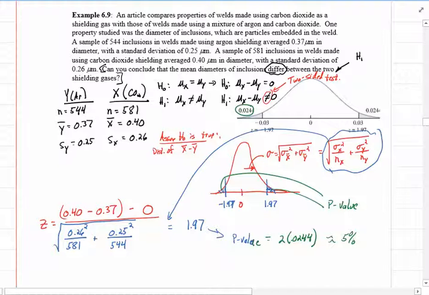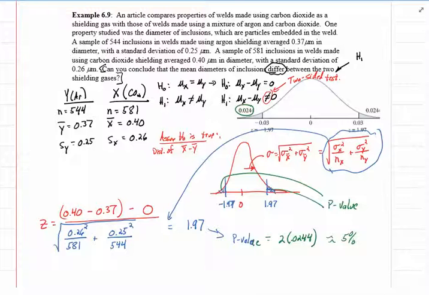Do you see the 0.0244 for z? Good. That's the area right here in this tail, and we want to double it. So this one plus that one, 2 times 0.0244, is right around 5%. So we're right on our borderline, right?